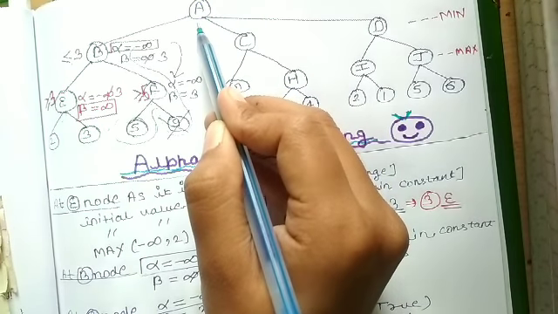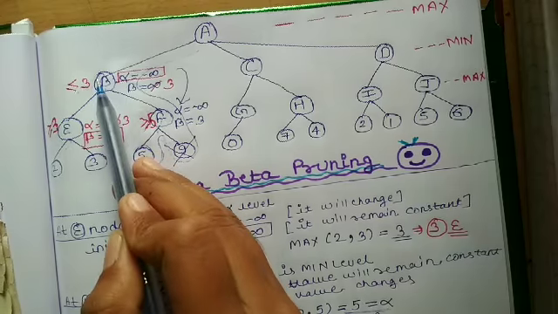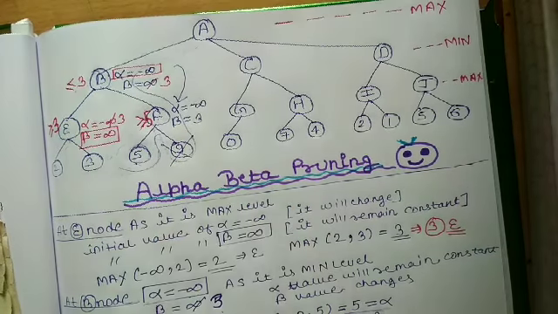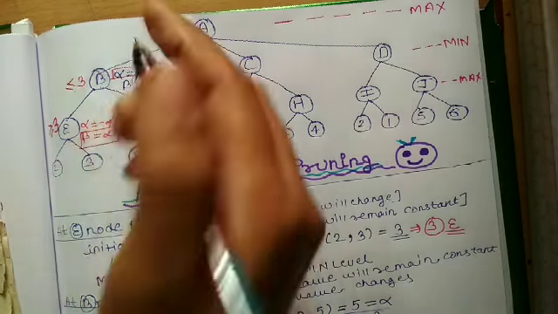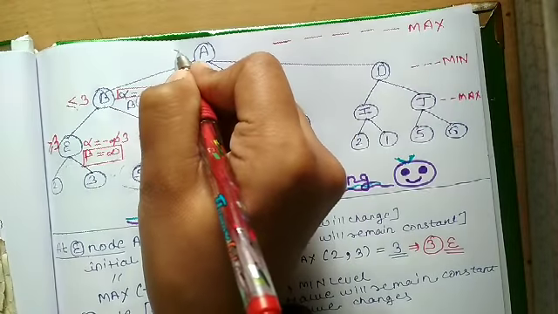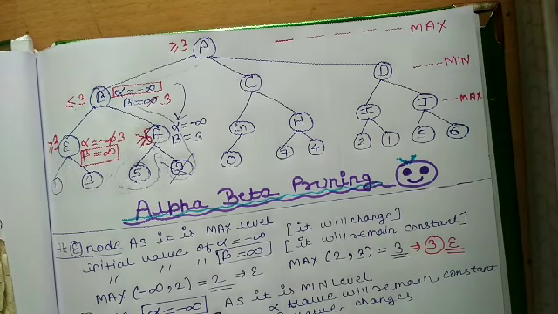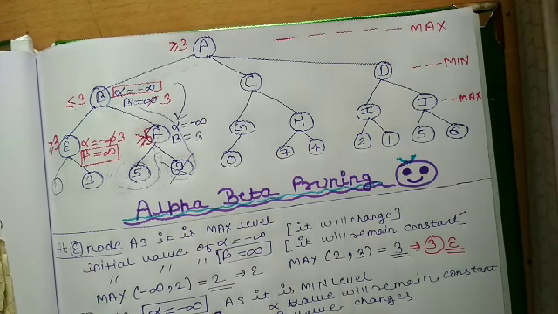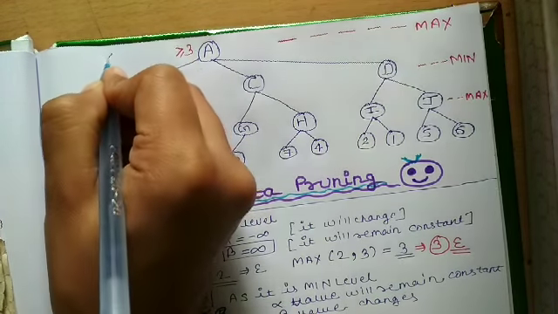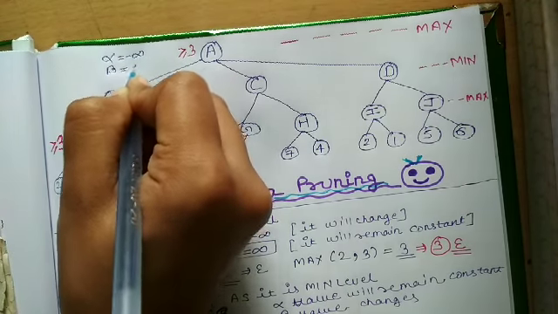A node has 3 children, but this child of A node is already explored, so it will give the value to A node. As it is a maximum level node, it will give the value greater than or equal to 3, and now in a maximum level node, alpha value will change. So alpha value is previously minus infinity and beta value is infinity.